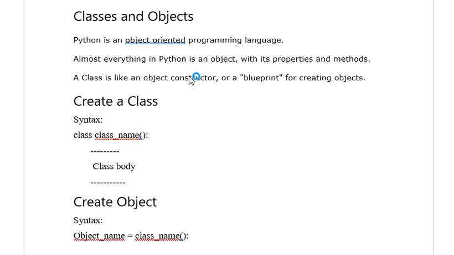So you have to understand these two topics very clearly. Class and objects come under the OOPs concept, so understand everything clearly so that it will be helpful for your interview. Don't miss anything.